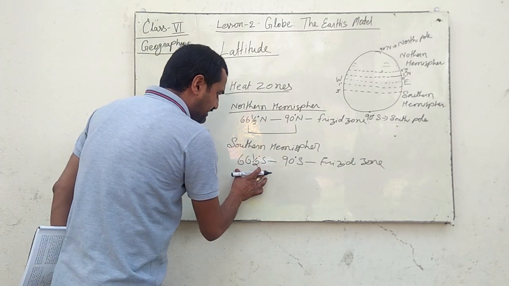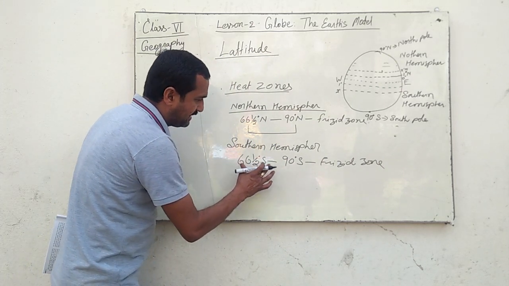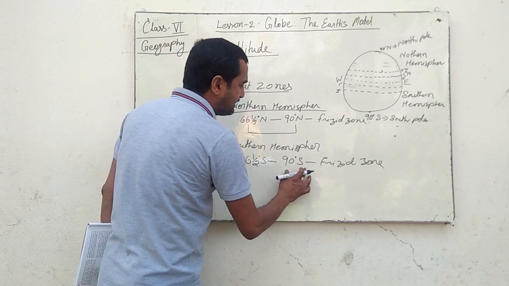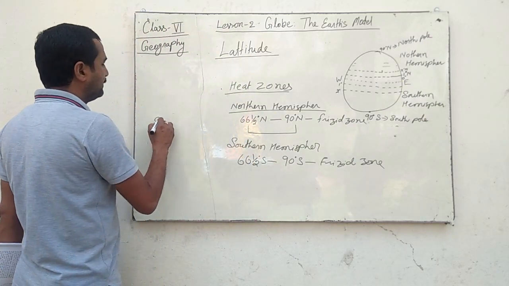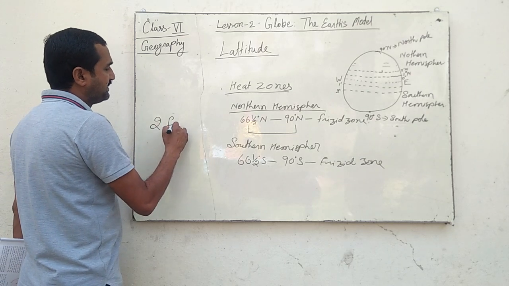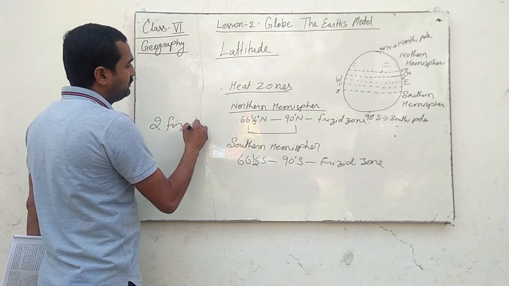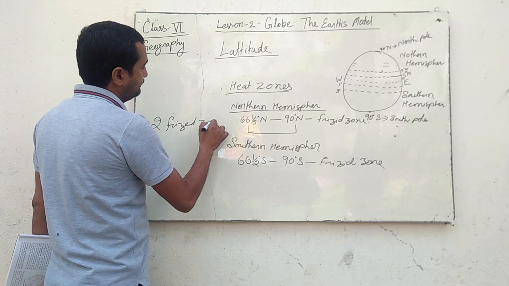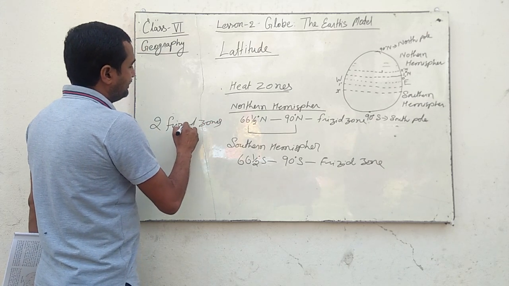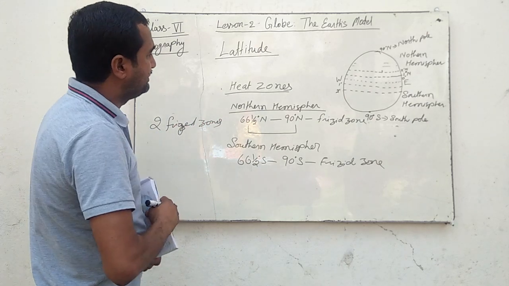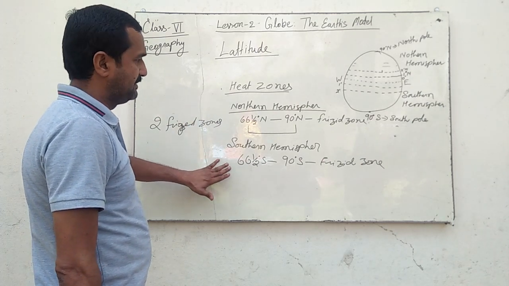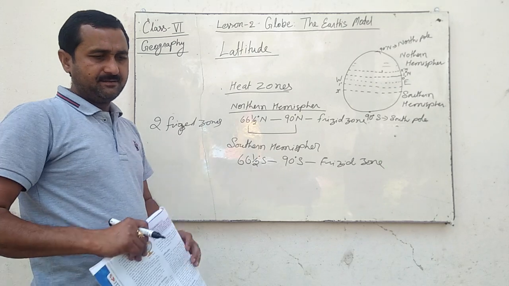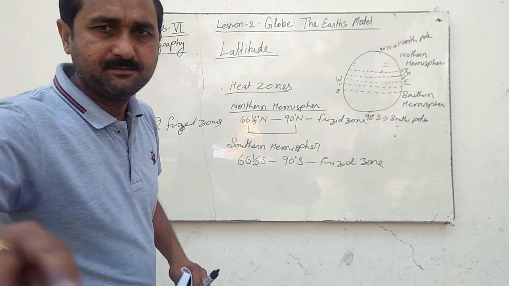So the area between Antarctic Circle and South Pole is called frigid zone. So here also we have two frigid zones. One is in the northern hemisphere, another is in the southern hemisphere. I hope the heat zones are clear.